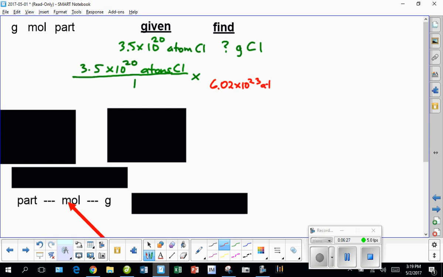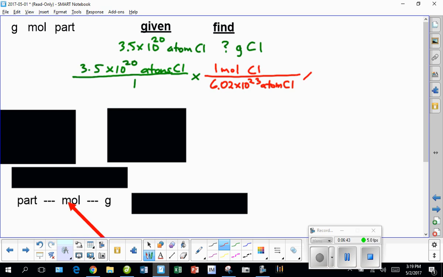Atoms of chlorine, and it'll be 6.02 times 10 to the 23rd atoms no matter what the atom is. And this will be 1 mole of chlorine.